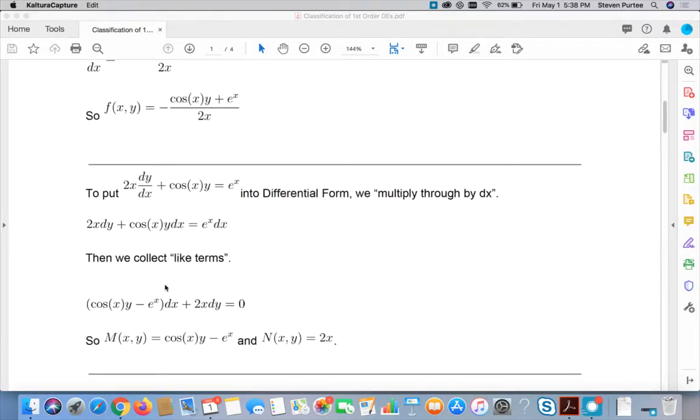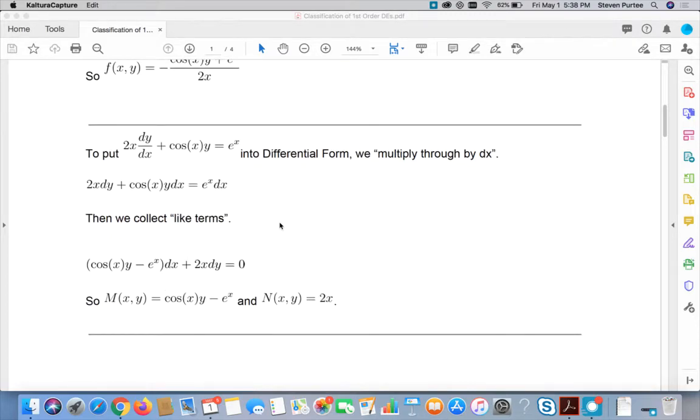To put that same guy into differential form, again, differentials, dy's and dx's, this is not really a fraction. That's not really dy divided by dx. That's the limit as delta x goes to 0 of delta y over delta x.